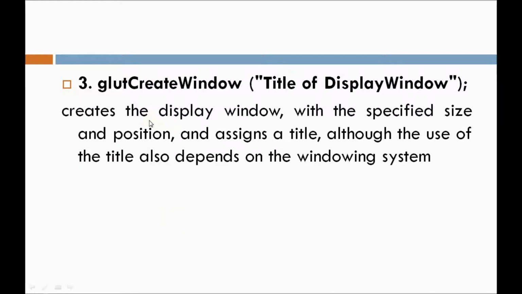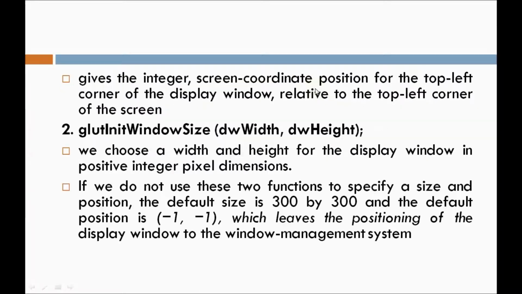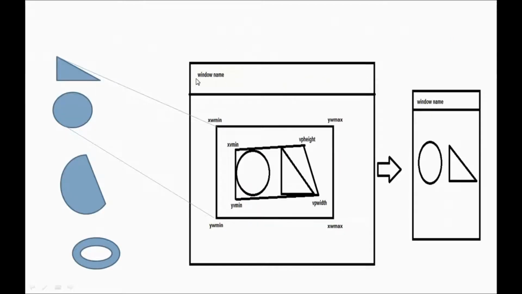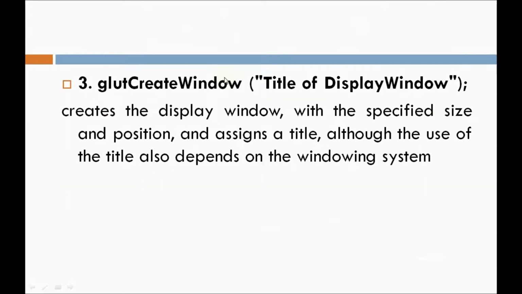Now you have set the window position and the window size, and you actually have to create that window. The command is glutCreateWindow, and the title, that is the window name, you have to give as a parameter for creating the window. So the window name that should be displayed should be given here.